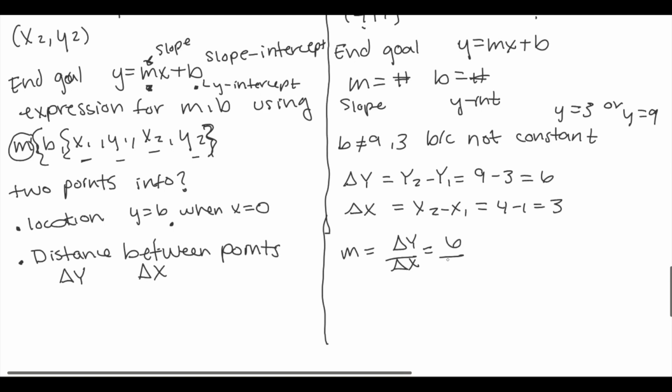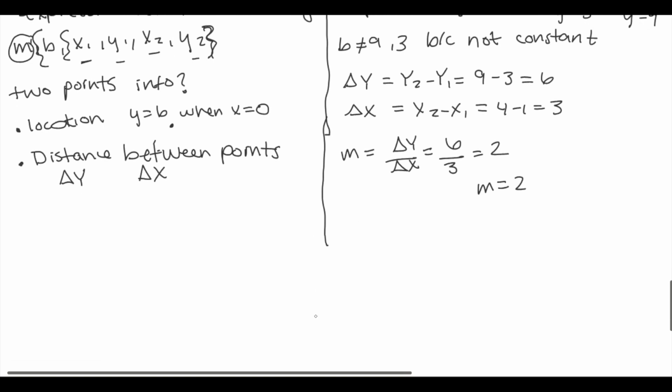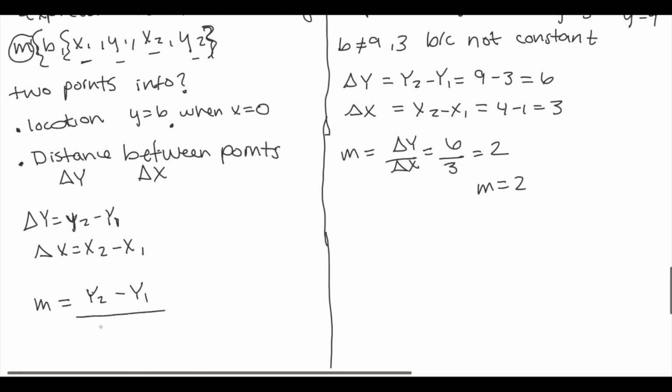And so what happened? If we're looking at it from just a variable sense, over here we had delta y defined as y2 minus y1, and delta x is x2 minus x1. And then the slope, we can define as y2 minus y1 over x2 minus x1. And this is what we mean by an expression for m in terms of these.